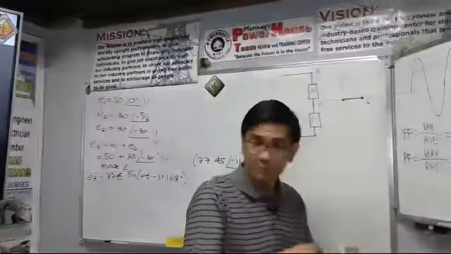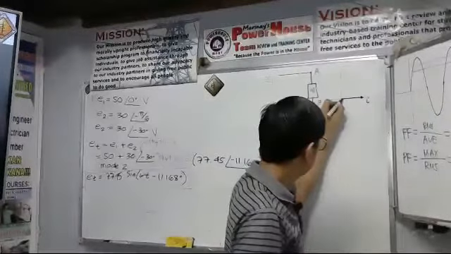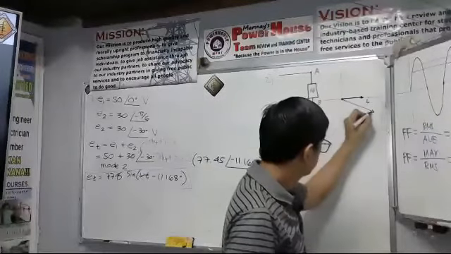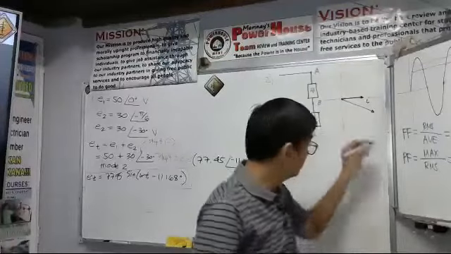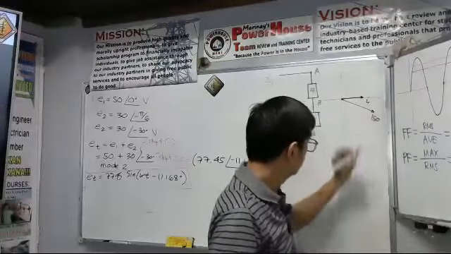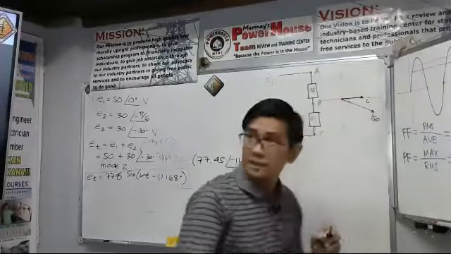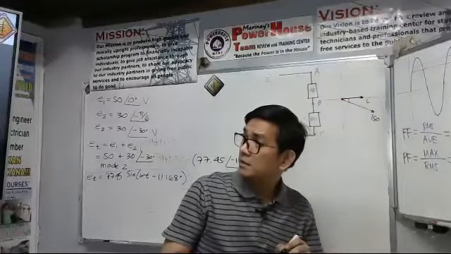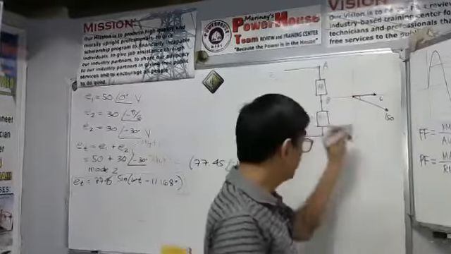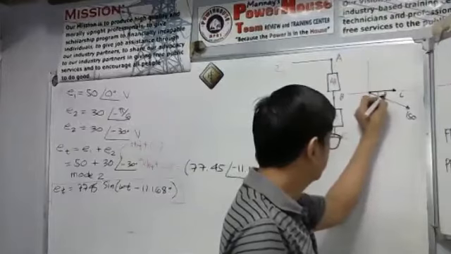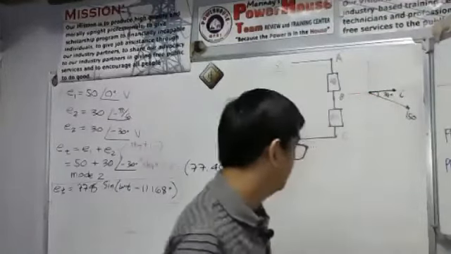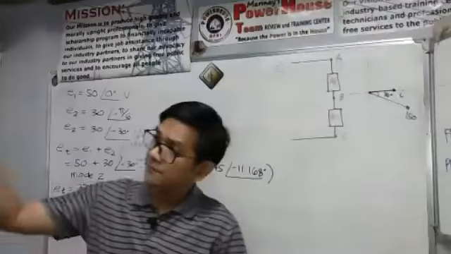So we have here 150 volts. The angle here is 30 degrees. Actually, that is negative 30 degrees, because it lags here.